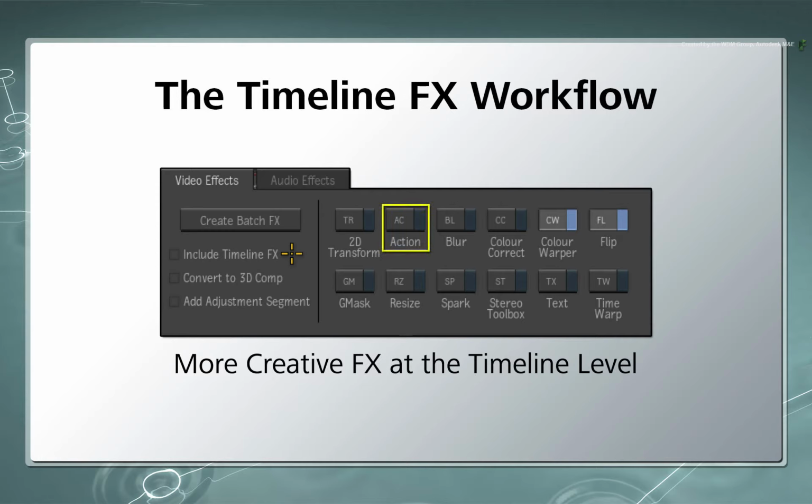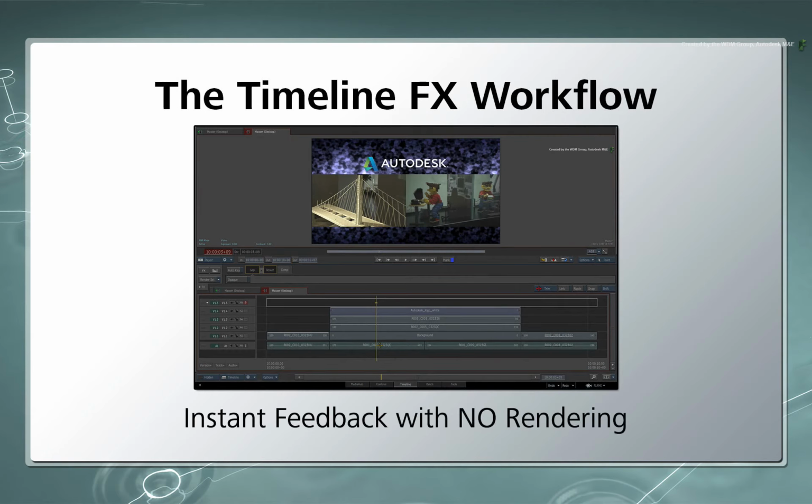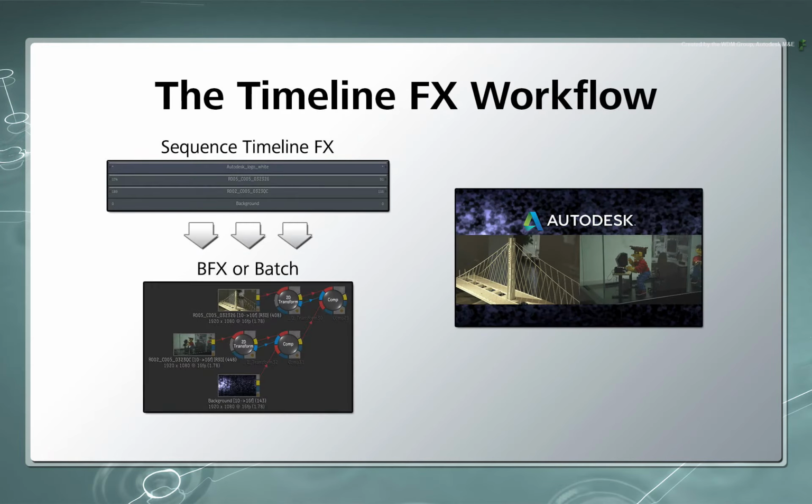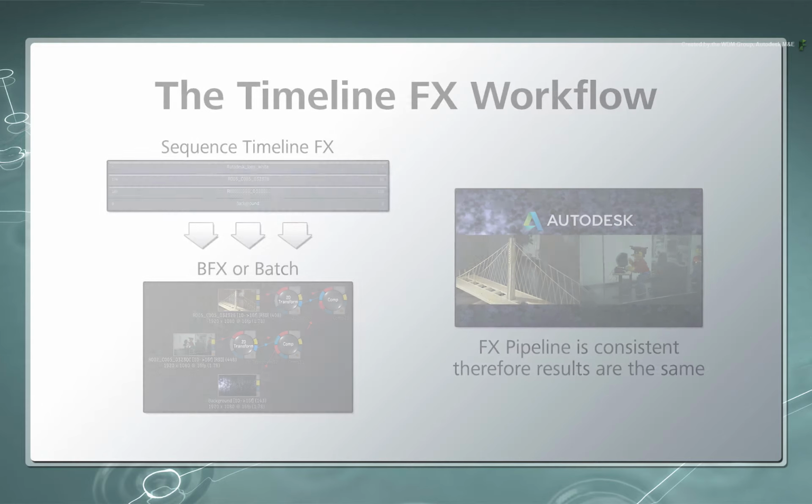Even action has been brought up to the timeline level that brings a host of functionality and creative tools. And as I mentioned before, you see your results instantly and no rendering is required while being creative. Finally, at any point, you can go into BFX and the flow graph will be revealed using the same tools as the timeline, and your results should look and perform consistently.